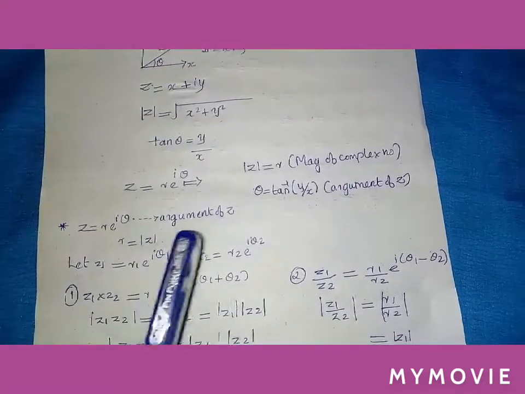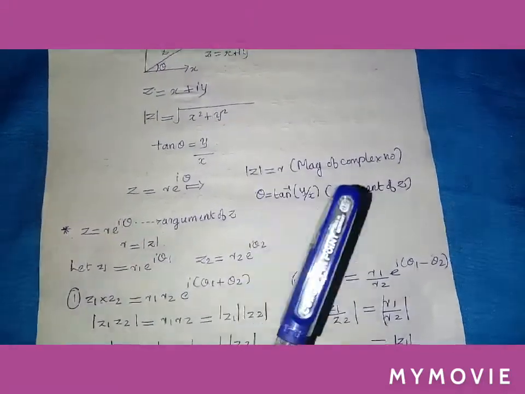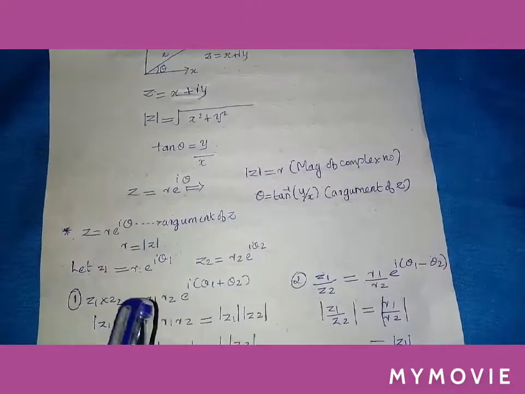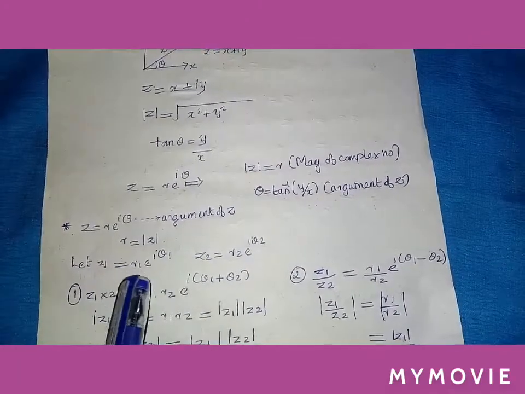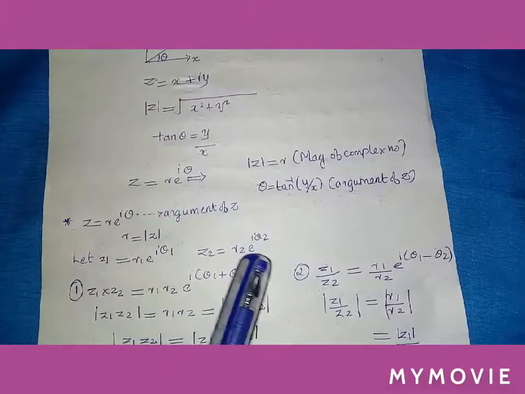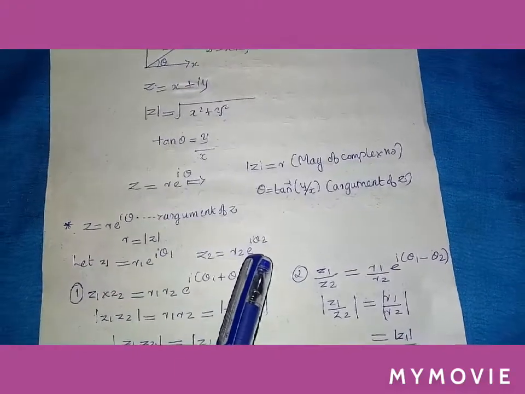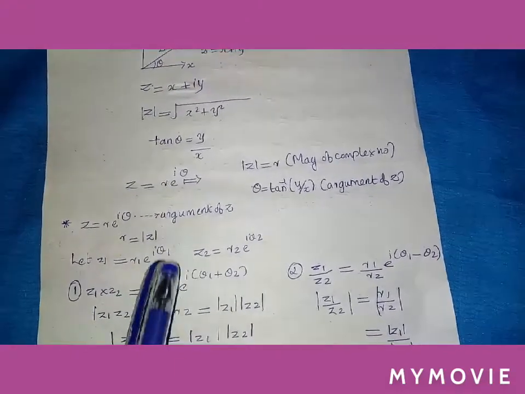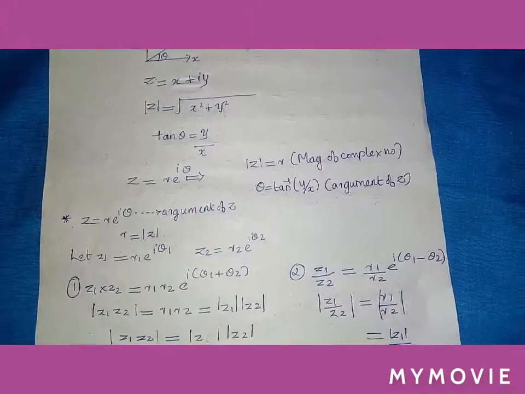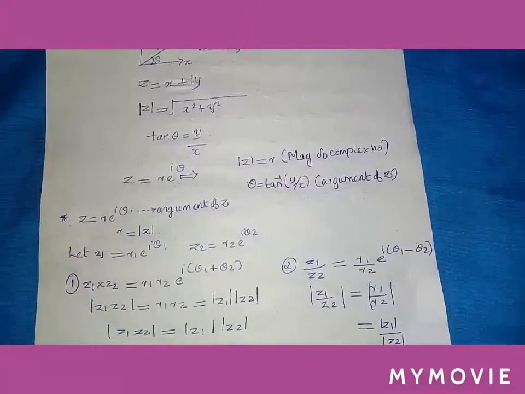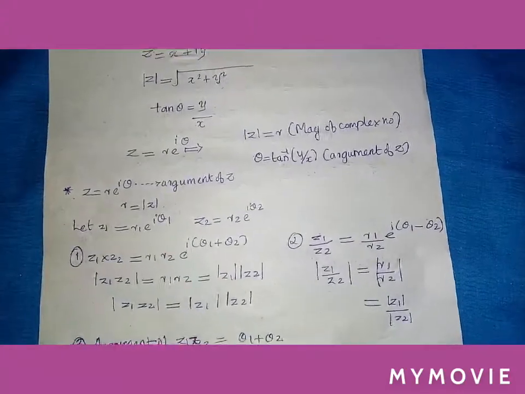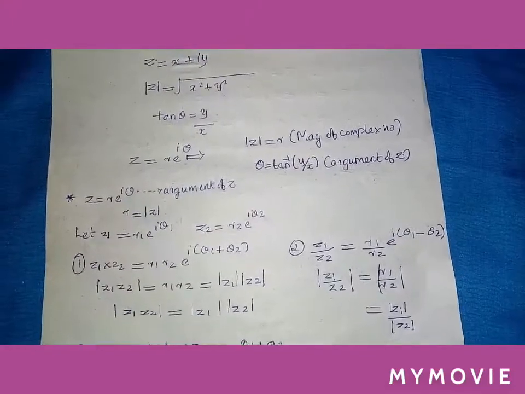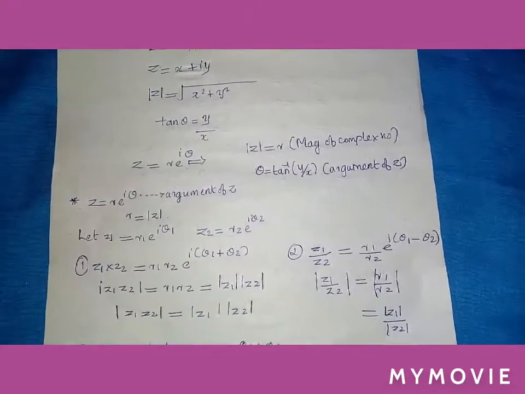Okay, we find that the magnitude of the complex number r is equal to mod z, and for two numbers, z1 is equal to r1 e raised to i theta 1, z2 is equal to r2 e raised to i theta 2. From that, in polar form also we follow the rules for the multiplication and division of complex numbers.